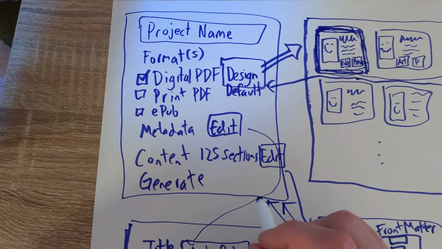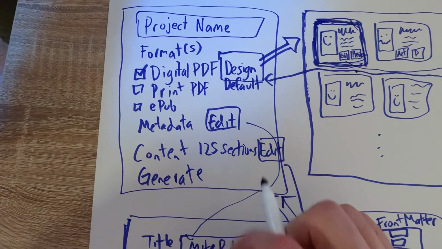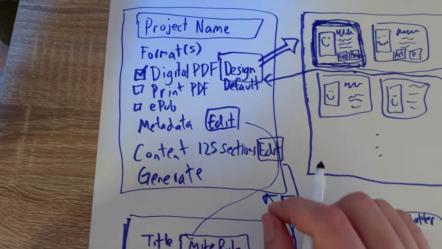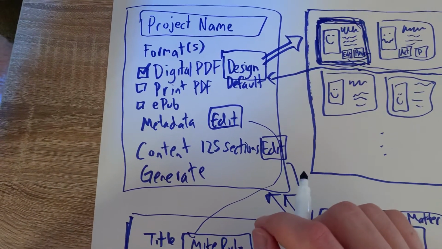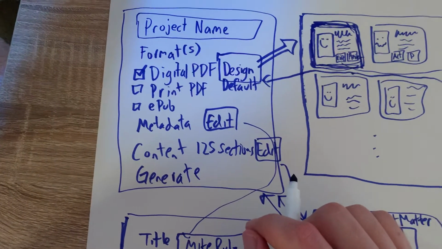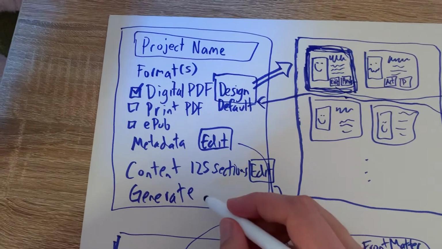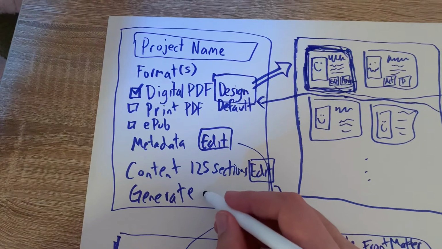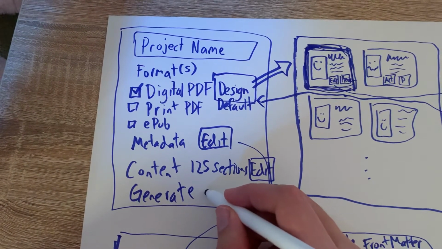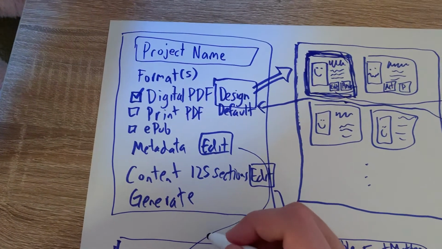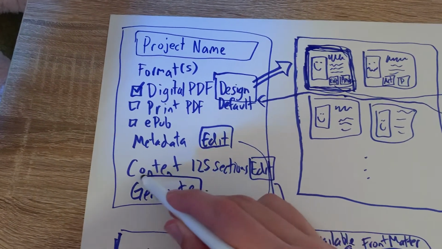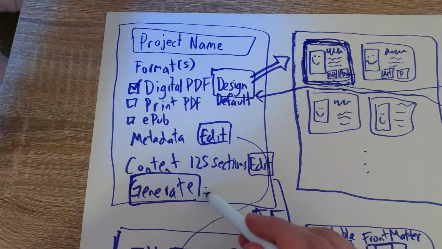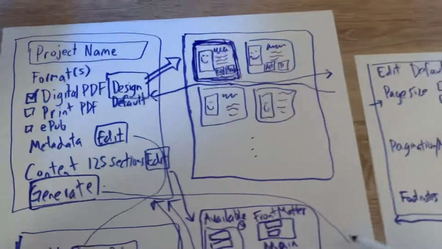I might be able to detect when, say you generated your book or your PDF, but you afterwards updated one of the posts. We might be able to detect when that happens. So it could say regenerate or something. Anyways, there's a button which you click, and it takes you to a different page.